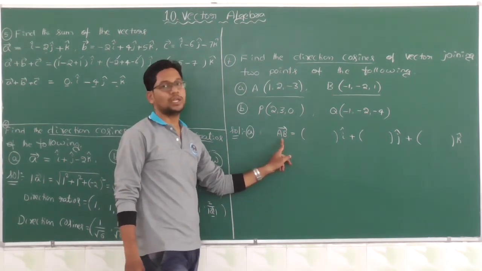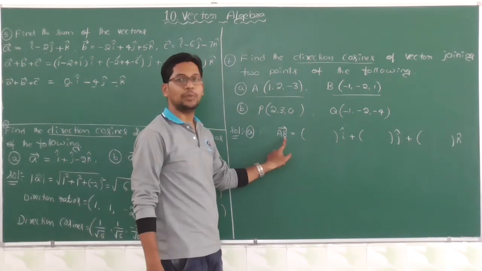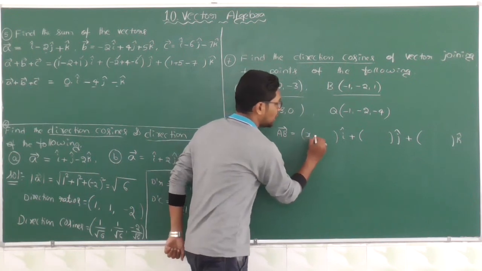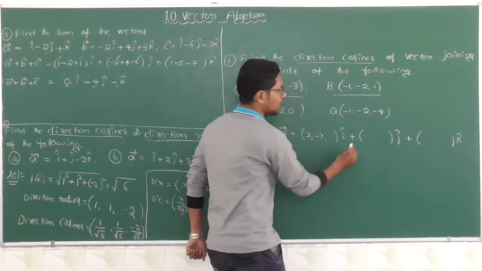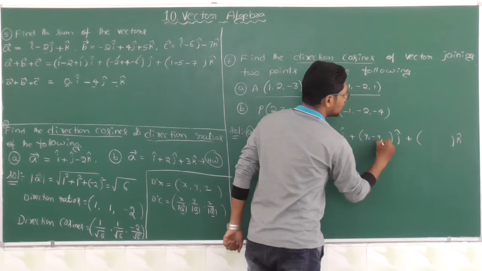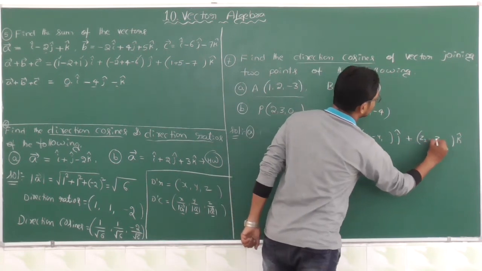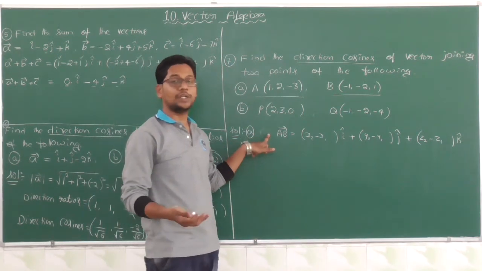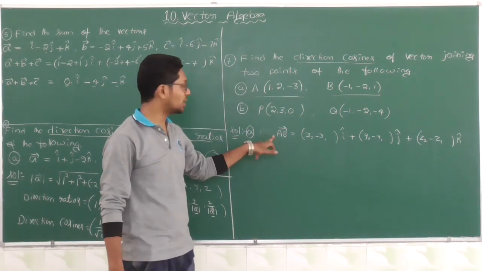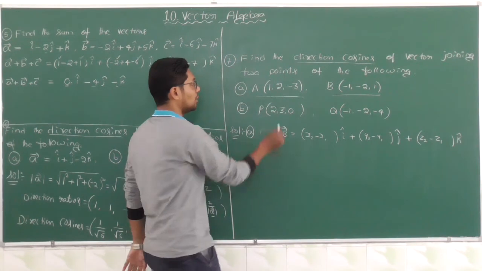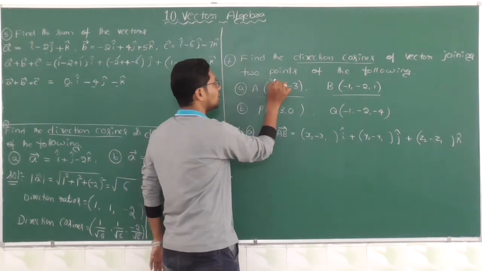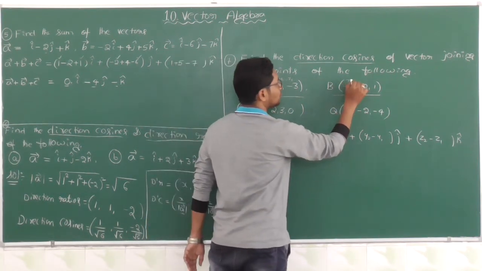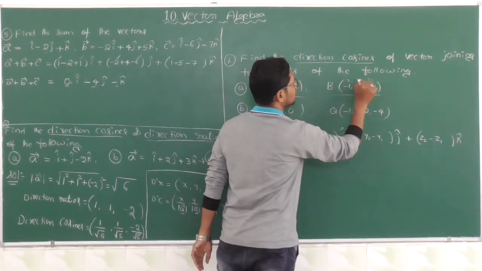Now, (x2 - x1)i + (y2 - y1)j + (z2 - z1)k. I already told you this in the previous class. So A is x1, y1, z1, and B is x2, y2, z2.